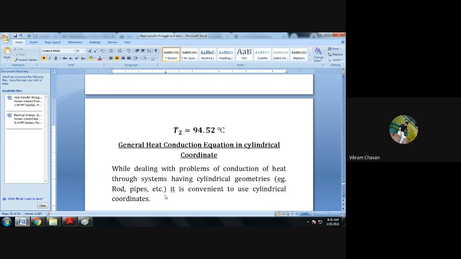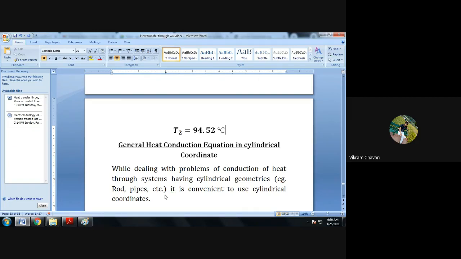Now why do we require another coordinate system? Because the objects change. If you consider a rectangular geometry, every point in that geometry can be measured using the xyz directions. That is nothing but the Cartesian coordinate system.